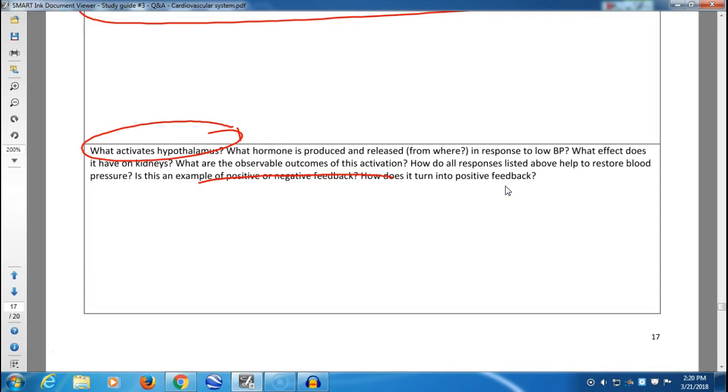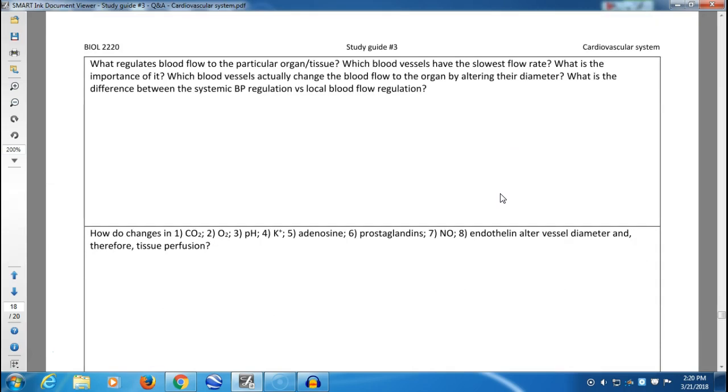But shock, whether it's hypovolemic shock, cardiogenic shock, or vascular shock, what example is it? Is that positive or negative feedback? That's typical positive feedback. Blood flow to the tissue. What regulates it?